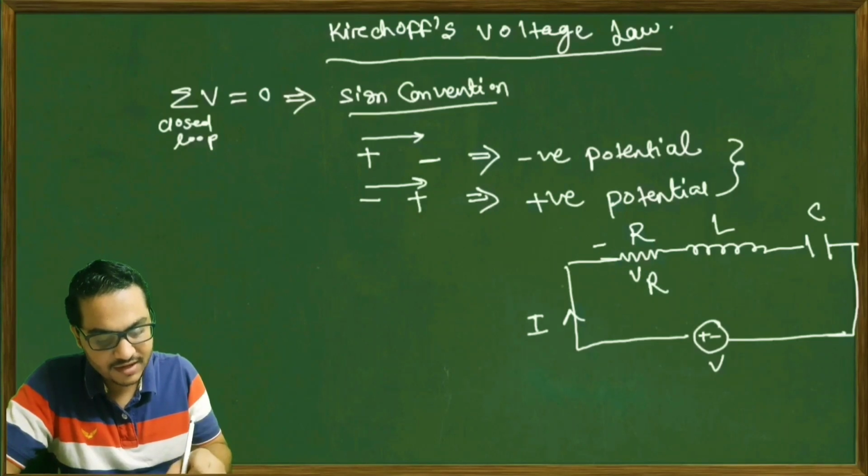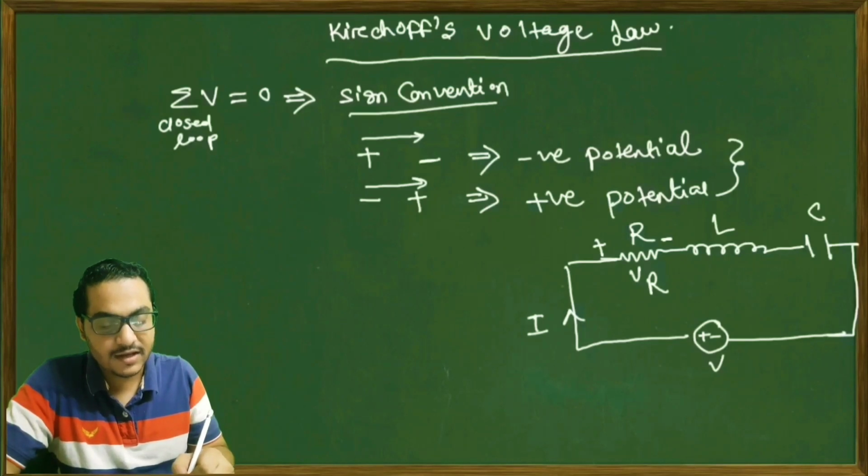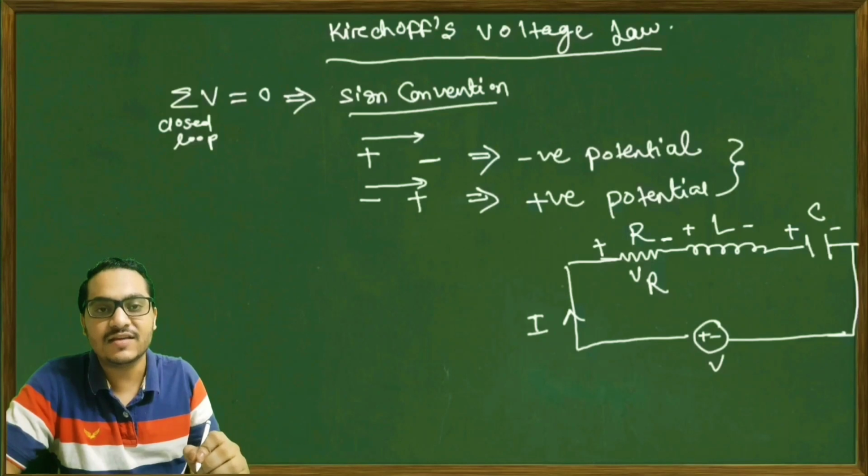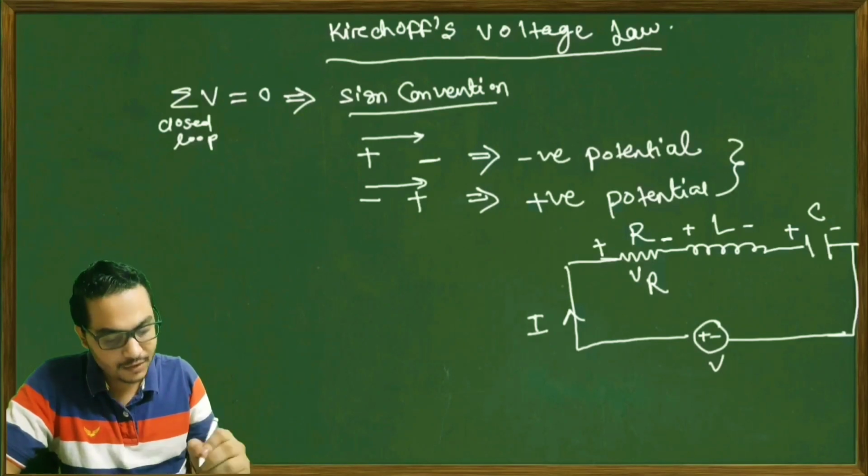This is the positive sign and this is the negative sign, and it is very obvious. Why? Because any load by default absorbs power, so when current enters the terminal it is the positive sign. Similarly for the inductor this is positive, negative, and similarly for the capacitor. This sign is by default, meaning we are assuming there is no initial charge, initial voltage or initial current. The voltage across the inductor is VL and the voltage across the capacitor is VC.